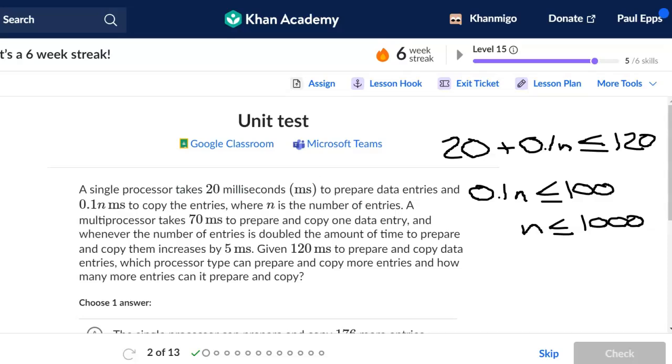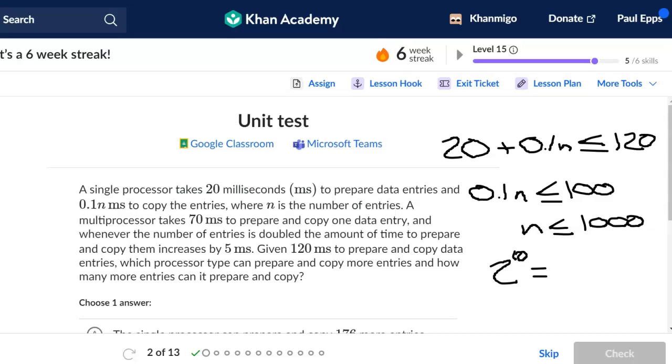And we've got 50 milliseconds to work with, from 70 milliseconds to 120 milliseconds. So with 50 milliseconds, we can double it 10 times. So that's 2 to the 10th.